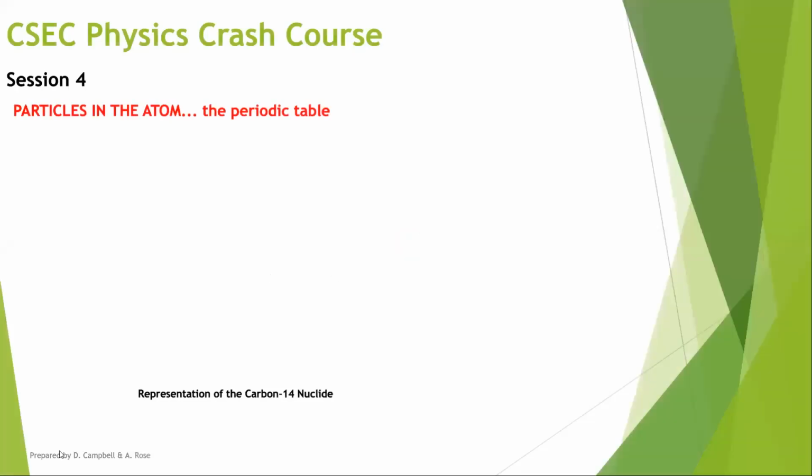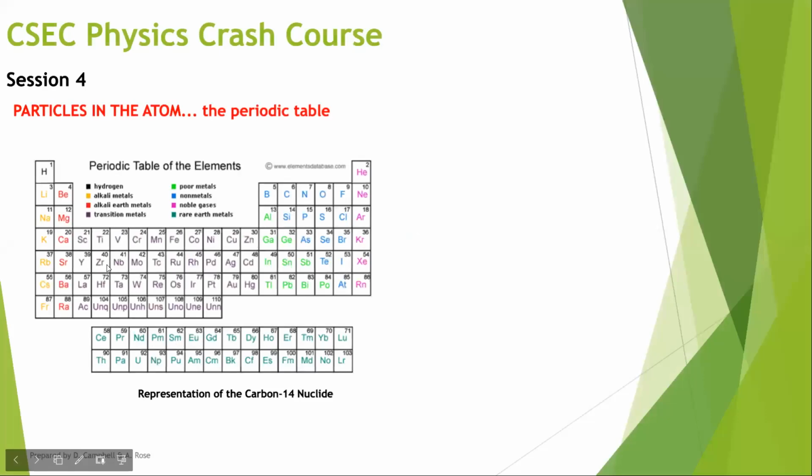All right, so we have the periodic table. This is one particular example. You have different ways in which they represent the periodic table, but the elements are placed in the same order. So we have hydrogen with an atomic number of 1, the first element.